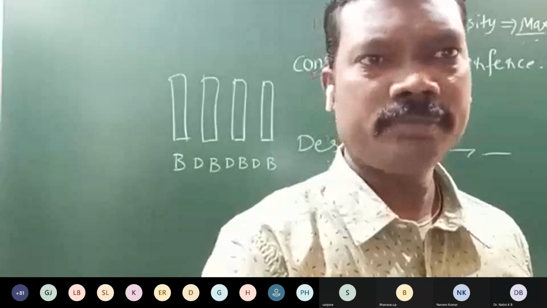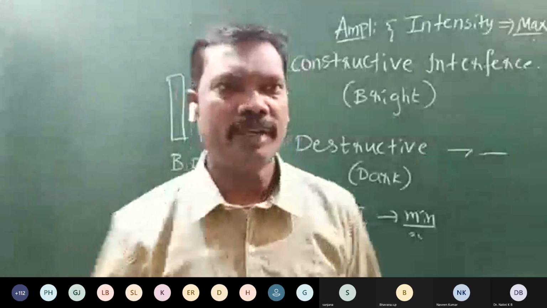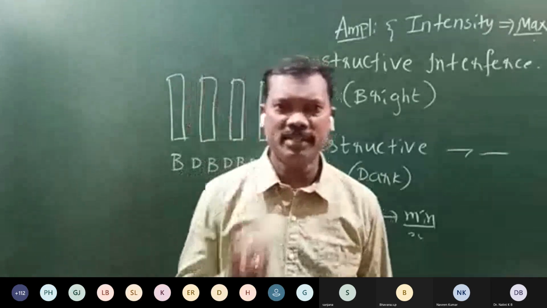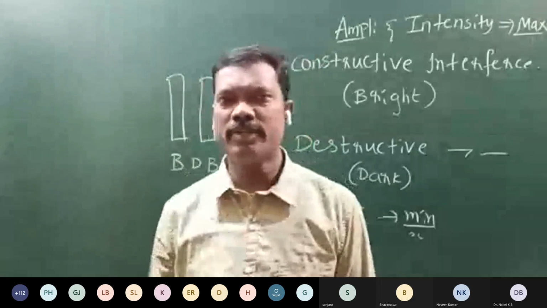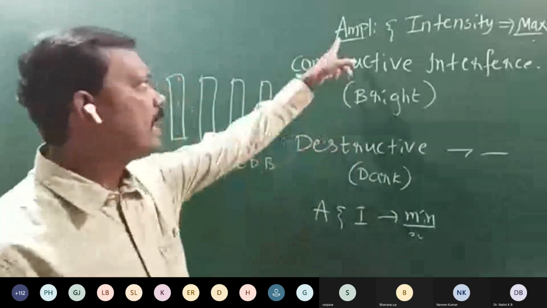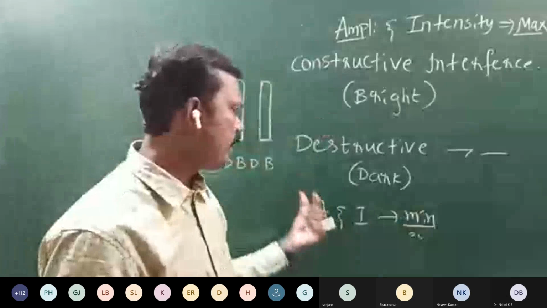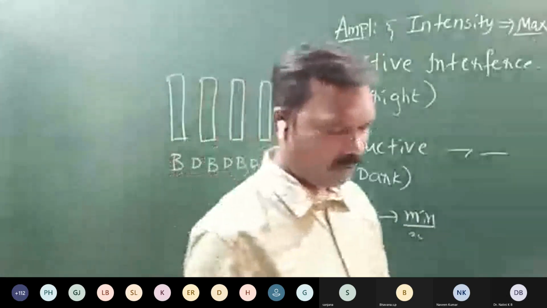Right. So therefore, interference is of two types: constructive and destructive. Constructive means brightness, destructive means darkness. To get a bright point, the amplitude and intensity should be maximum. To get destructive interference, we should have minimum intensity and amplitude.